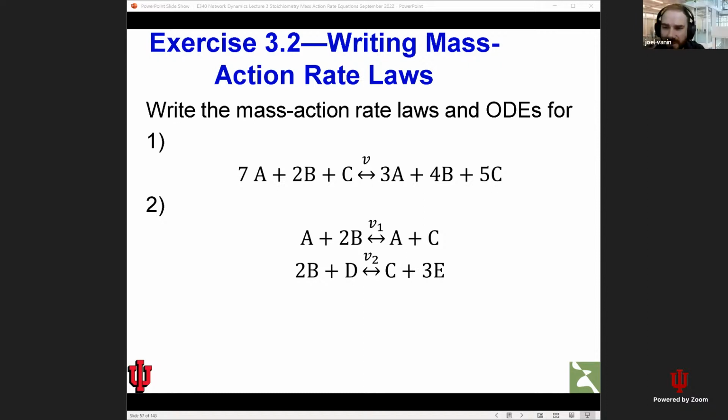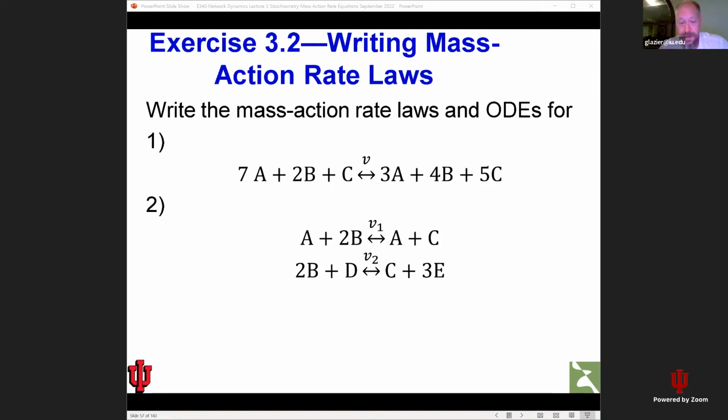Sorry, isn't the dA by dt starting with -4? Isn't it the difference between the two, between the forward and back? I'm sorry. Yes, thank you. Just, as I say, it's easy to get it wrong. So it should be, actually, let me get it right. I got it exactly wrong. It's minus, okay.